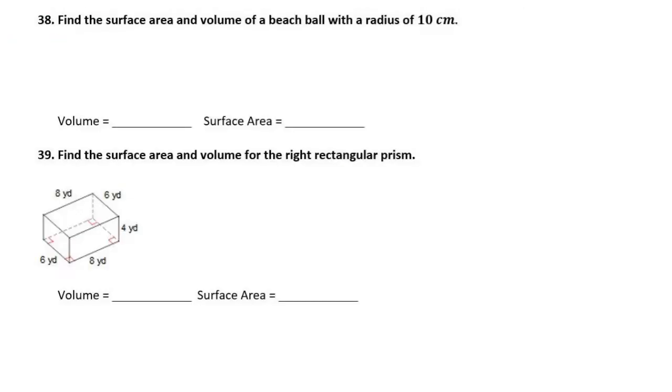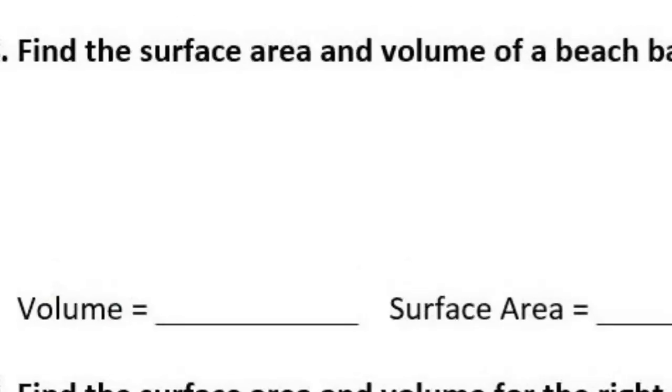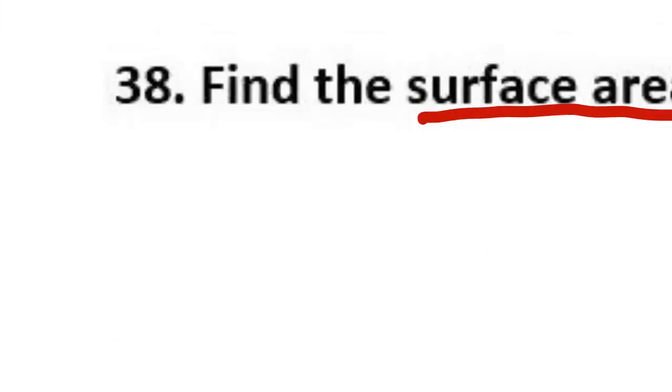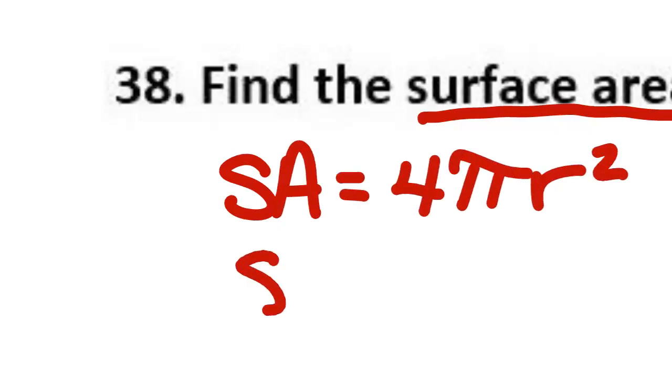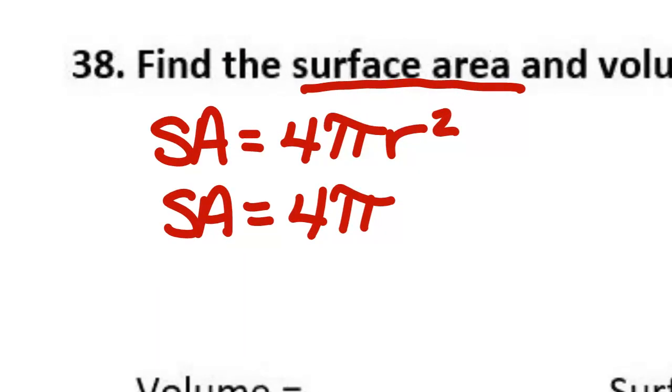Number 38, find the surface area and volume of a beach ball with a radius of 10 centimeters. What shape is a beach ball? Sphere. Surface area for a sphere is 4 pi r squared. So 4 pi times our radius.